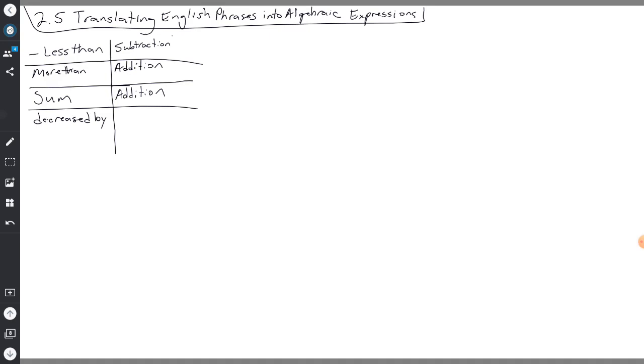What about decreased by? Subtraction. Double.